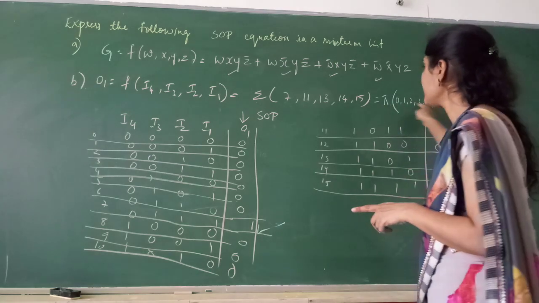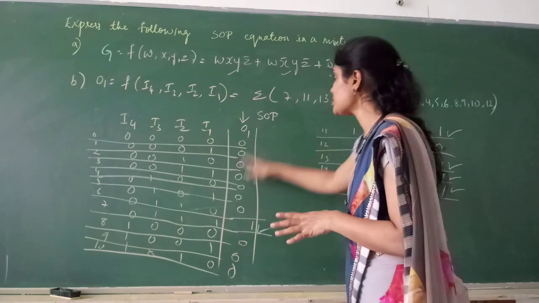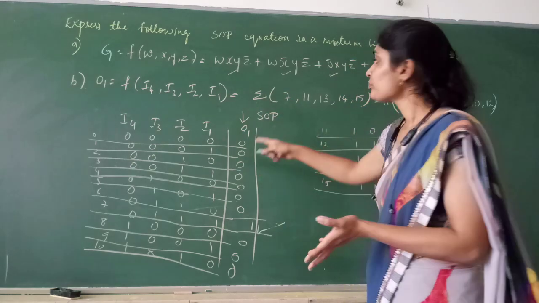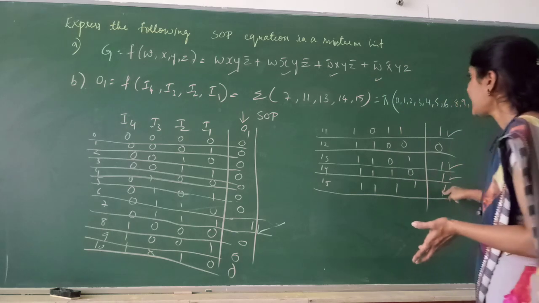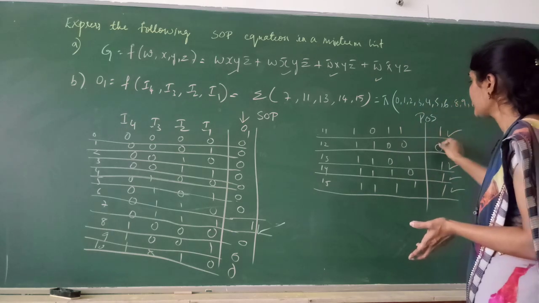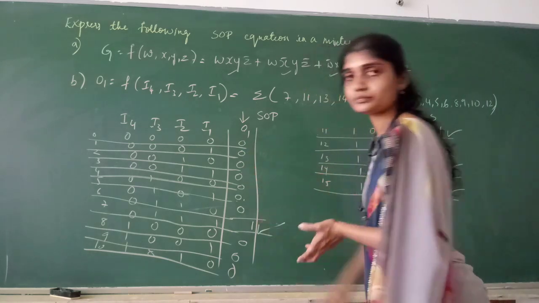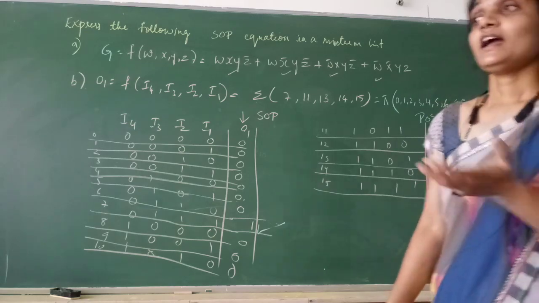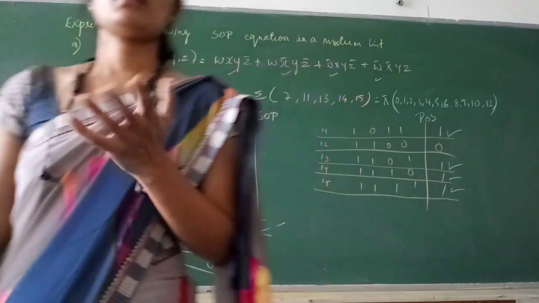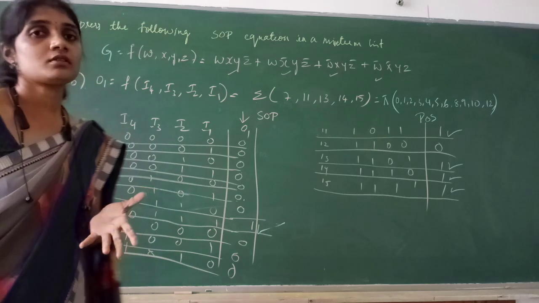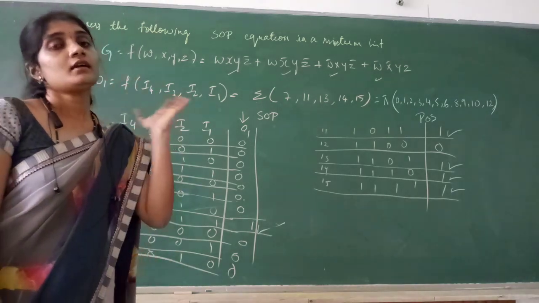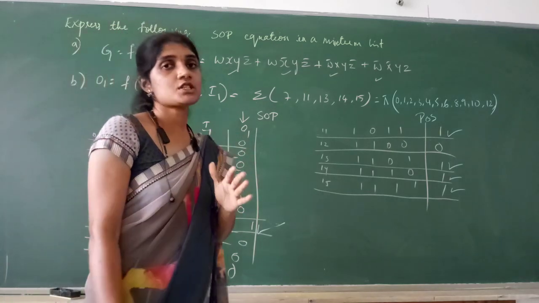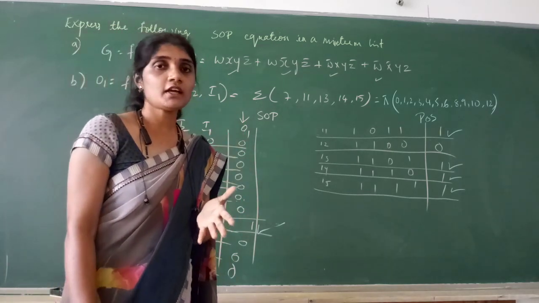So these will be max terms. For the remaining combinations, they are min terms. So you can write the SOP equation by looking at the min terms and the POS equation by looking at the max terms. And we know how to write the min terms and the POS and SOP forms of the equation. In the last video, I took an example and showed how to write the SOP equation and POS equation. Accordingly, you can write. Okay?